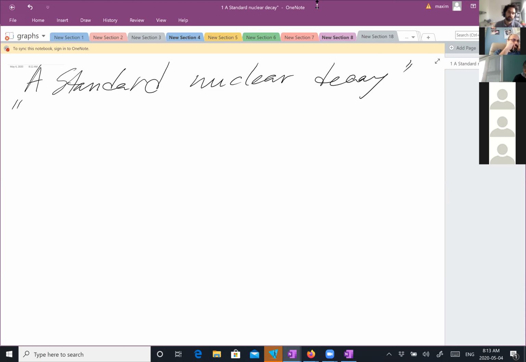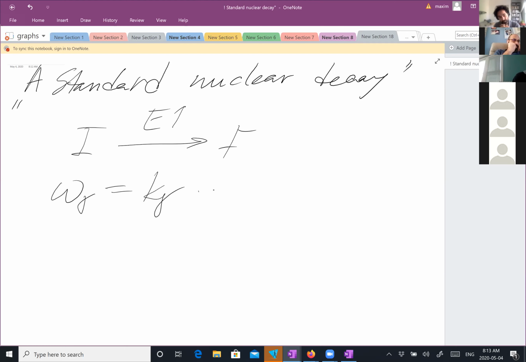Let's do this. So let's say we have some initial to final decay of the nucleus due to, say, an electric dipole transition. Let's say the momentum or the energy of the emitted gamma is on the order of, say, 100 keV, which is relevant for us, right, for the nuclear decay.